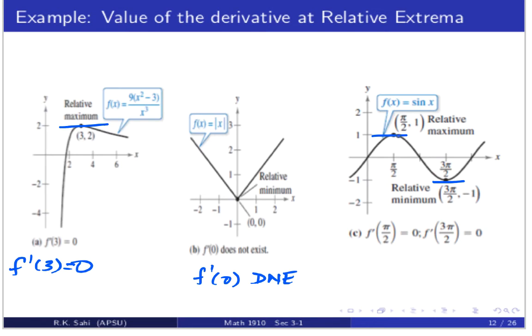So when you have these horizontal tangent lines, the derivative of that function at pi halves and 3 pi halves is 0. Now, we are going to talk about a very, very important definition called the critical numbers.